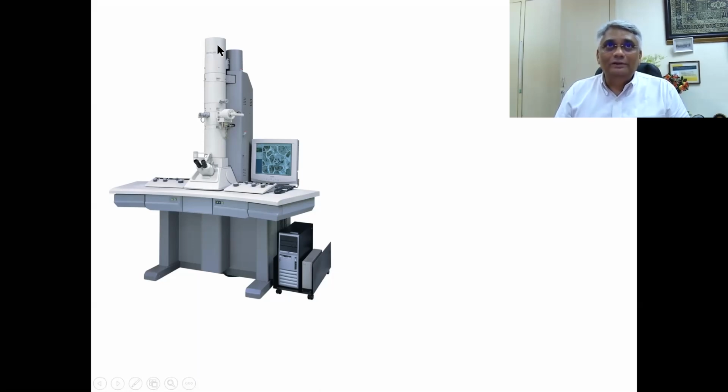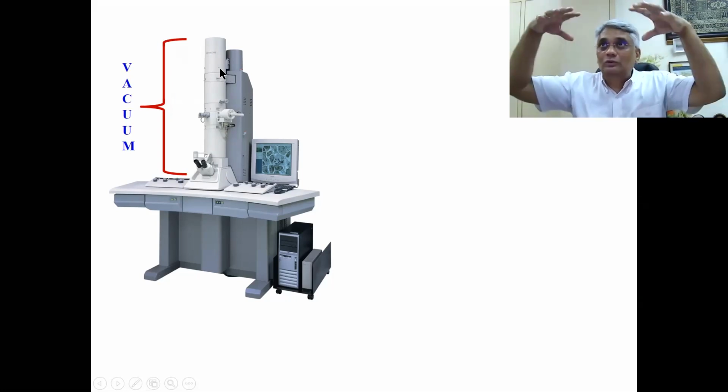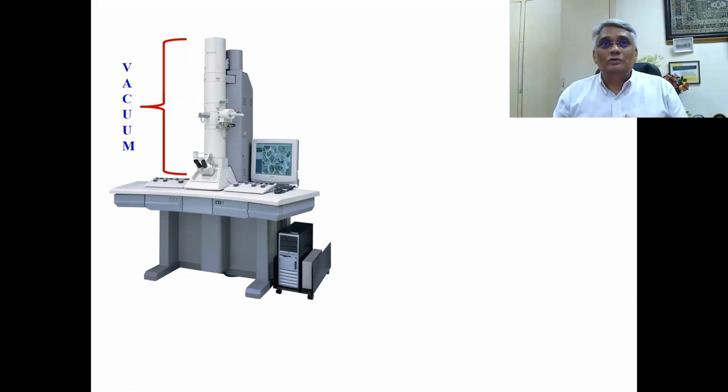The generated electrons have to be accelerated in this column to the place here where you have the sample. And this acceleration is, as you can see, happening over a length of 1.5, 2 meters, right? So this whole column has to be in vacuum because you don't want to push these electrons towards the sample, which is kept there. And I see now you can also visualize using an optical system microscope.